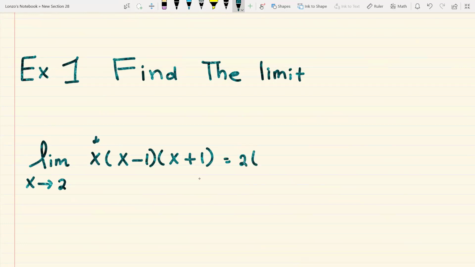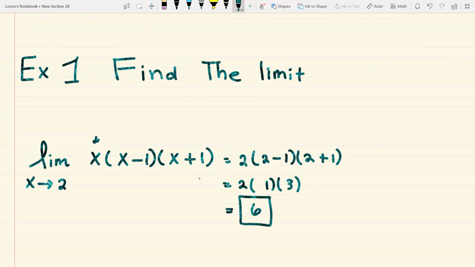So it's 2 times (2 minus 1) times (2 plus 1). So that would be 2, and then 2 minus 1 is positive 1, 2 plus 1 is 3, and then 2 times 1 times 3 is 6. Okay, I get a real value, so that works.